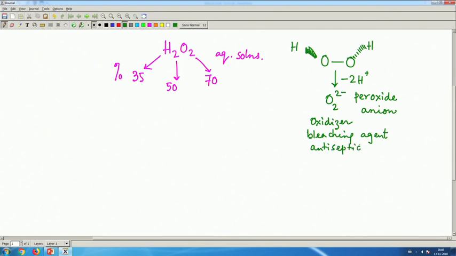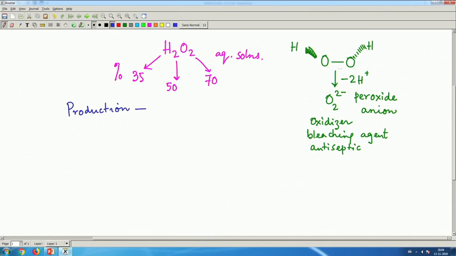So, what we see now is how we can go for production of hydrogen peroxide, because this particular molecule is completely different from your water molecule or hydrogen molecule.